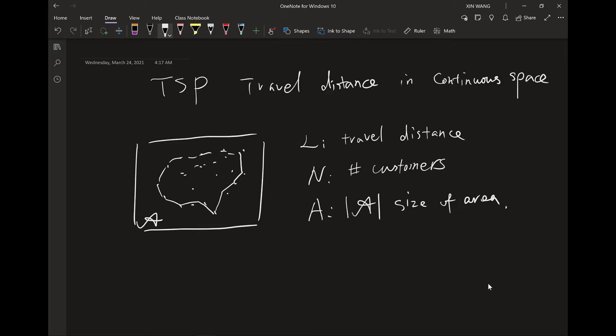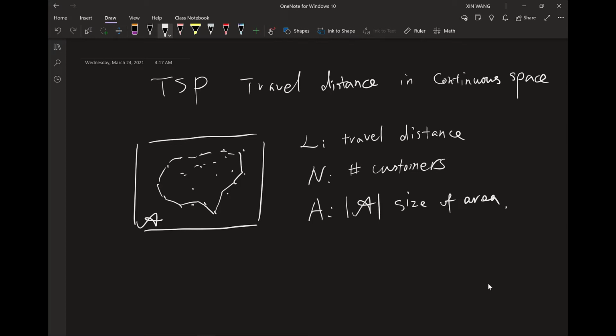The number of customers is only a macroscopic measure, and the distribution of customers' locations can be very different in different problems. So we will just consider an aggregated measure. That means when we have different customer distributions, in expectation, what is the travel distance for a TSP?